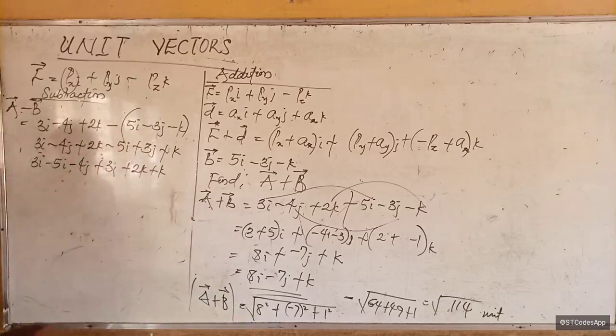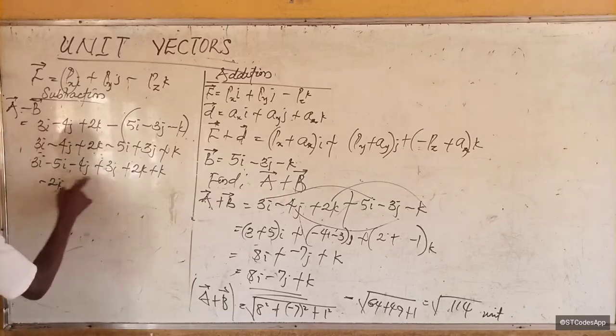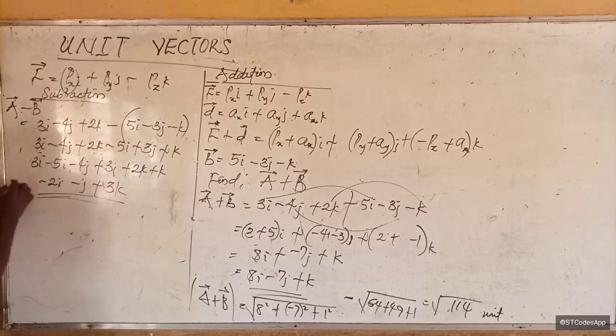Does that make sense? Rather than even opening brackets and all that. So you can just do this, and you have this minus this, is what? Minus 2i, then minus 4j plus this is minus j, and you have plus 3k. And this will be the value of vector A minus vector B.